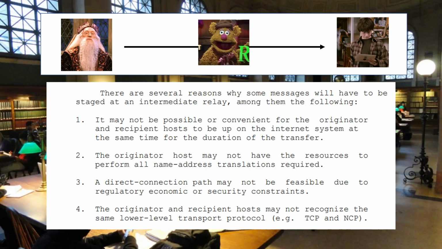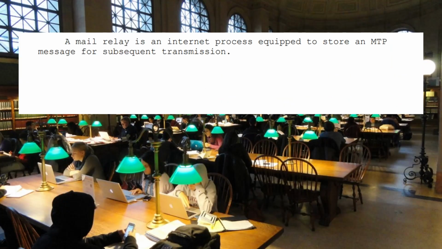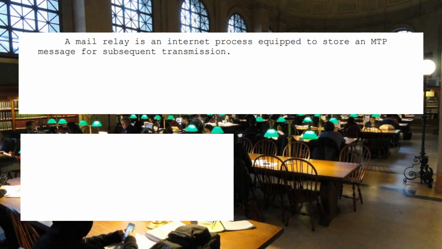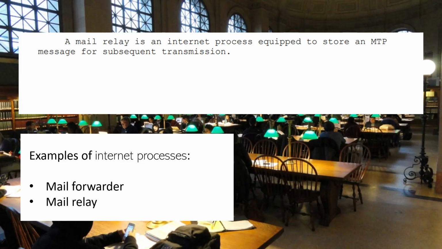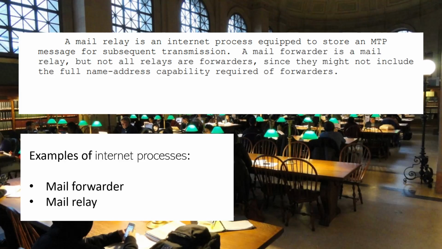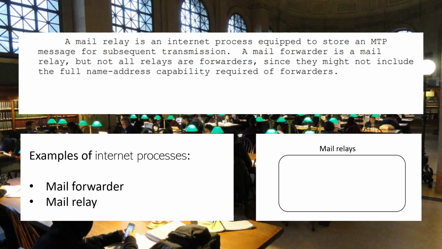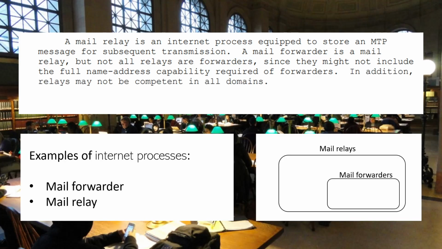TCP and NCP. A mail relay is an internet process equipped to store an MTP message for subsequent transmission. Okay, so this is another process. We've already seen the forwarder, but a relay is a process that holds on to things. So we've got two examples of internet processes now, mail forwarder and mail relay. A forwarder is a mail relay, but not all relays are forwarders, since they might not include the full name-to-address capability required of forwarders. In addition, relays may not be competent in all domains.